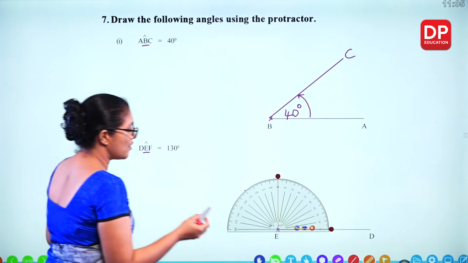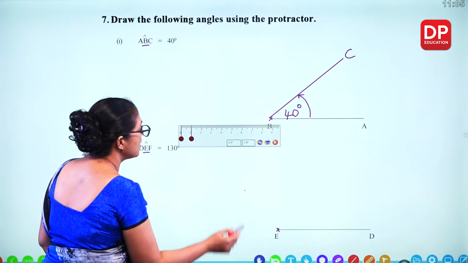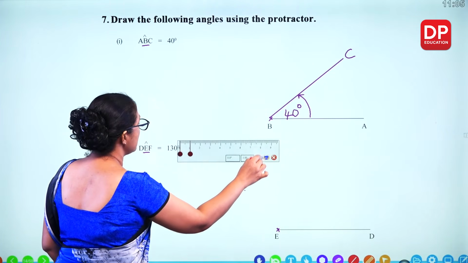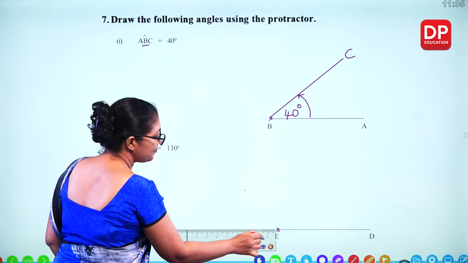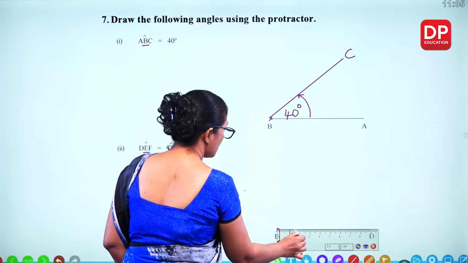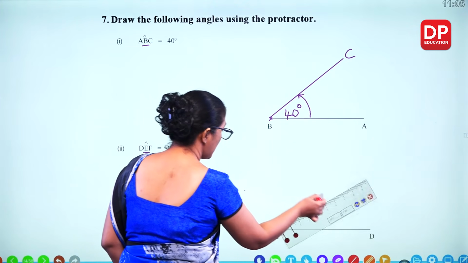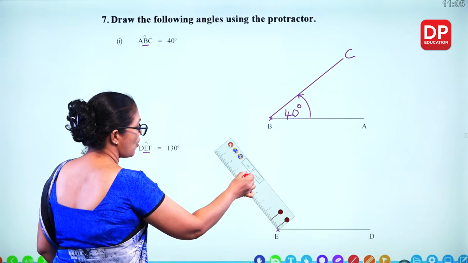Now take the ruler and connect it. So how do you connect it? Keep the ruler here. I'll put the edge here first. Edge here. And then rotate so that I can draw a line.